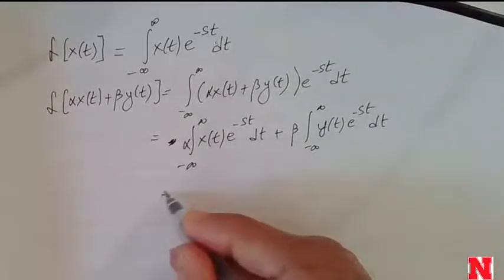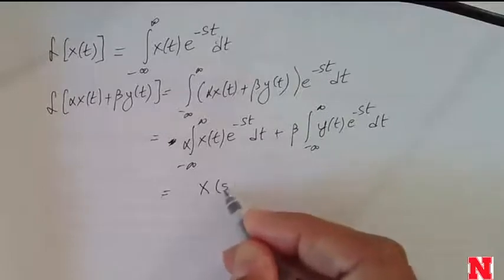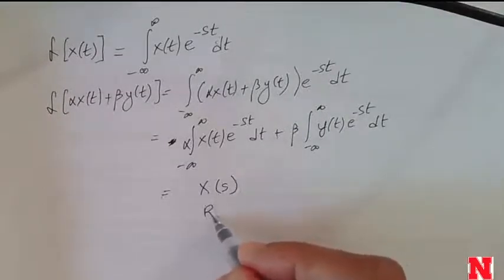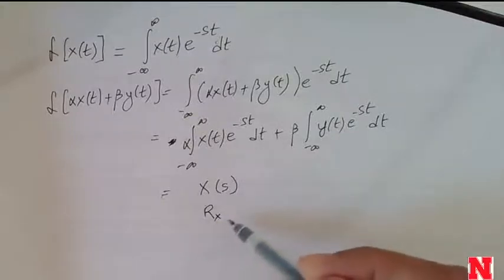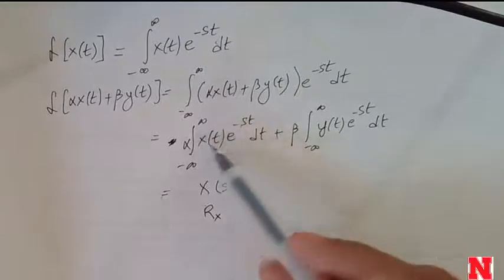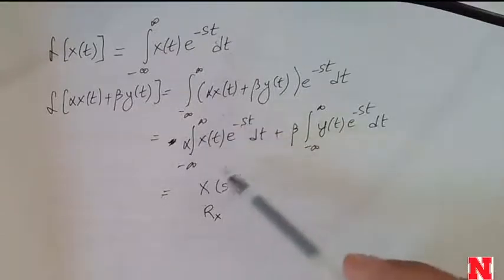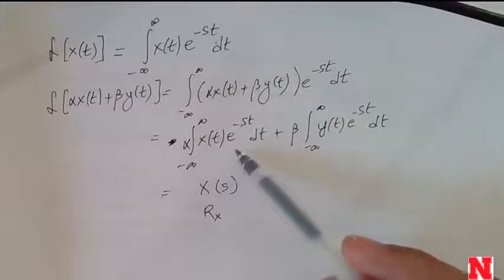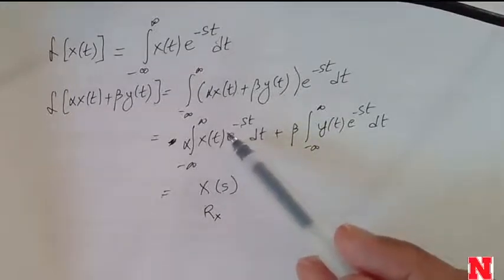And so that would be equal to X of s, but it would be equal to X of s within some region of convergence. Region of convergence means these are values for which this function is finite, right? That's how we got the region of convergence. We found the values of sigma for which this thing doesn't blow up, okay?